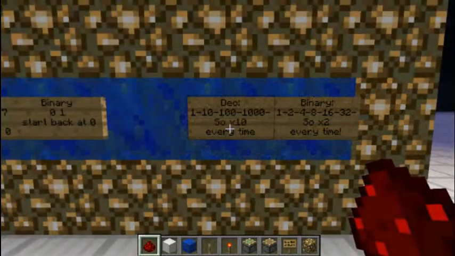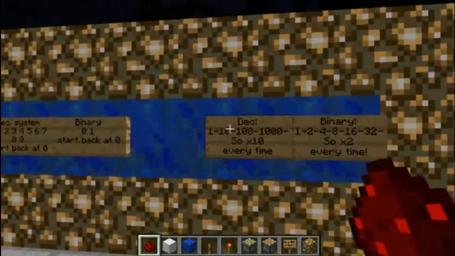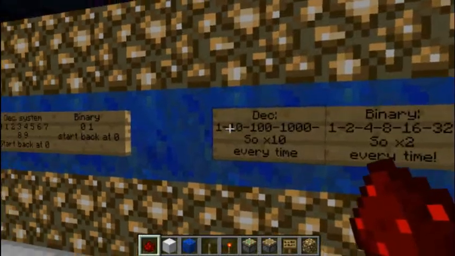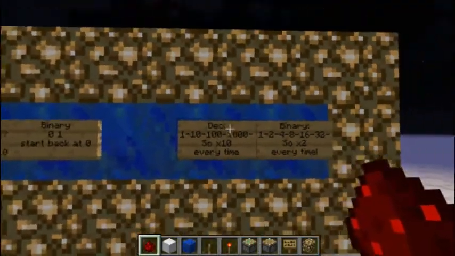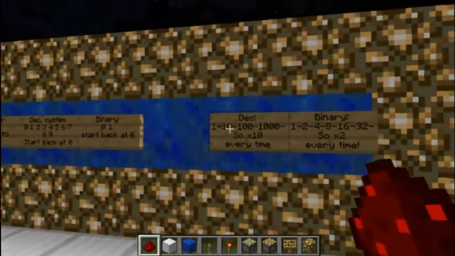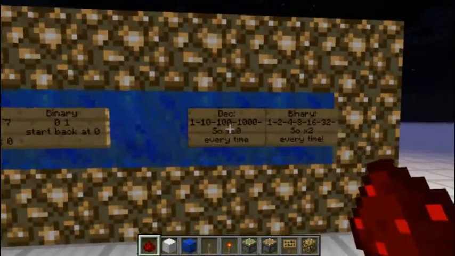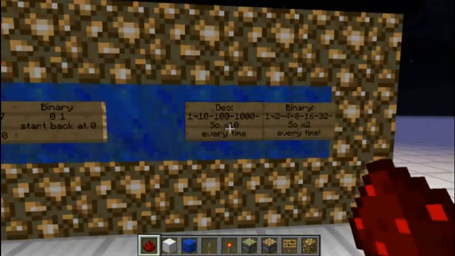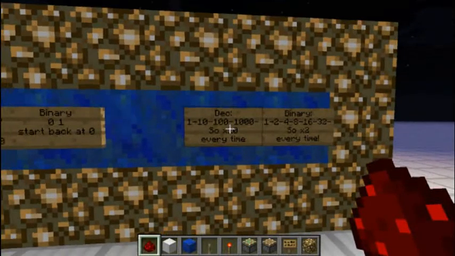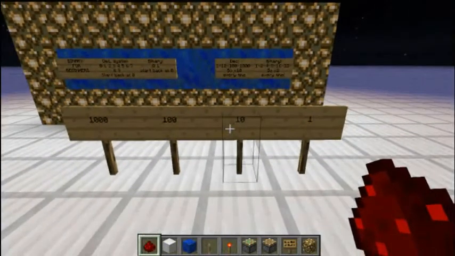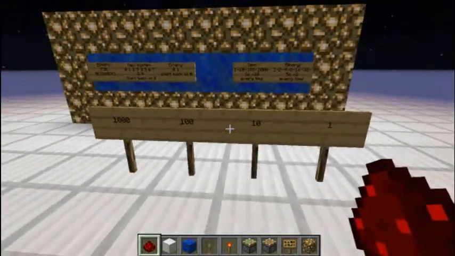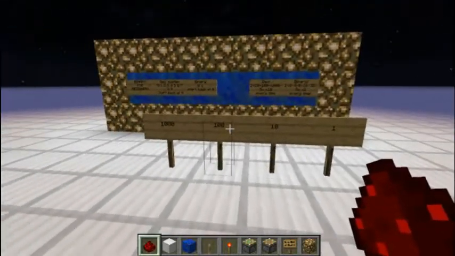As we all know, our decimal system is based on tens. So we have the 1 slot, then the 10 slot, then the 100 slot, and then the 1000 slot. It increases by times 10 every time, a magnitude every time, should we say. I have all the slots lined up here: the 1 slot, 10 slot, 100 slot, 1000 slot.